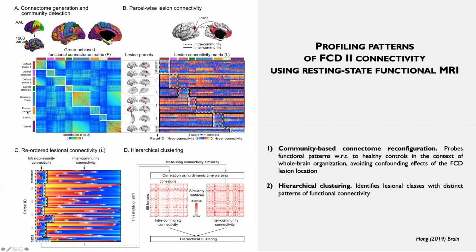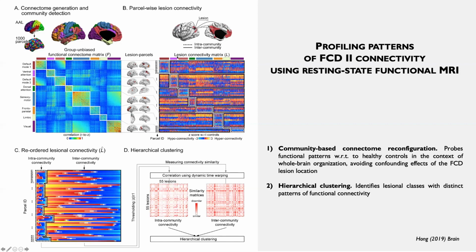We then chose parcels that show an overlap of more than 50% with the lesion across all patients and aggregated their connectivity profile to the rest of the brain. In essence, we go from a connectivity matrix that is irrespective of lesion location to a lesion-centered connectivity matrix.